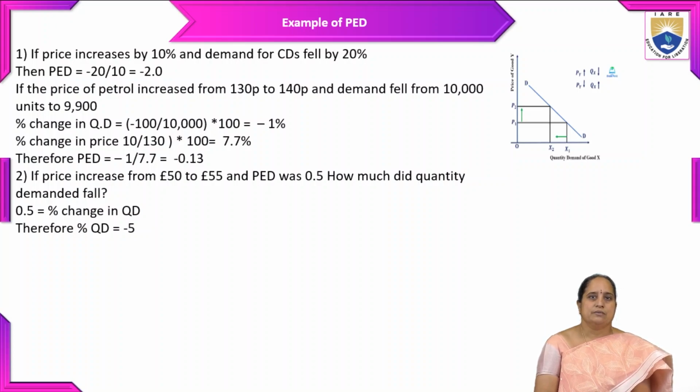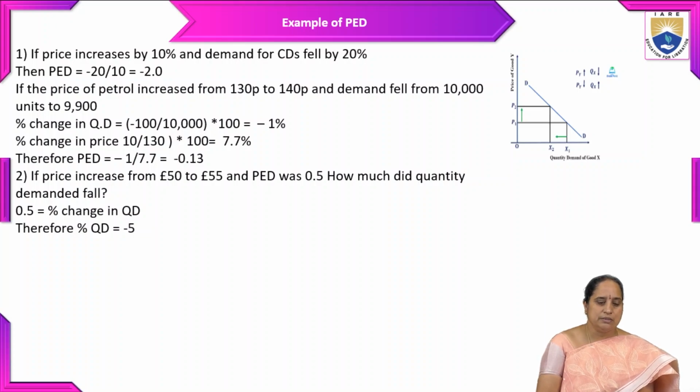If the price of petrol increased from 130 to 140 pesos, and the demand fell from 10,000 units to 9,900, the percentage change in QD is minus 1, whereas the percentage change in price is 7.7%. Therefore, PED is minus 0.13.